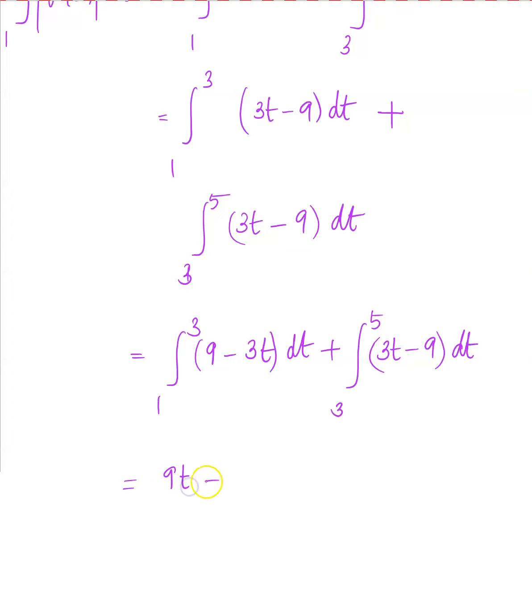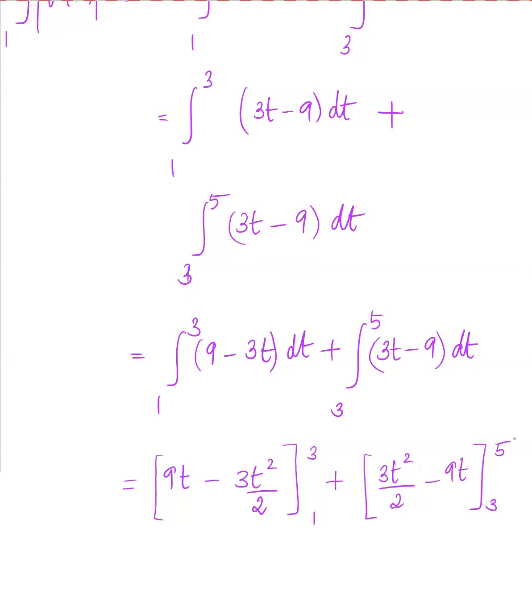So it's 9t minus 3t squared over 2, from 1 to 3, and 3t squared over 2 minus 9t, from 3 to 5. Notice that because we did the negative of v of t and positive v of t, we didn't have to do the absolute value because this will take care of it.